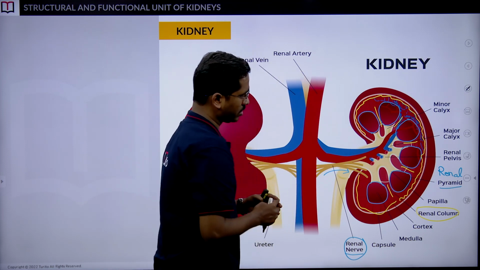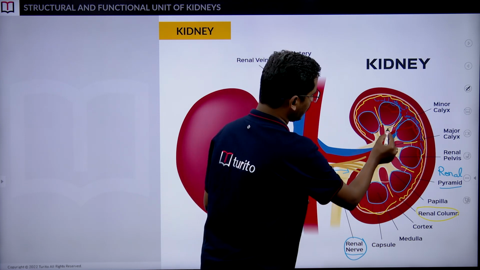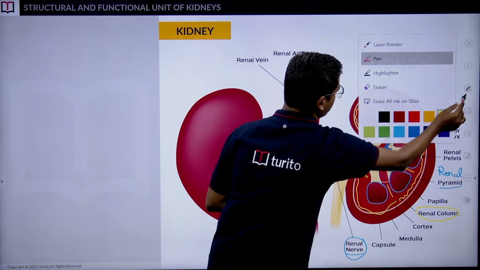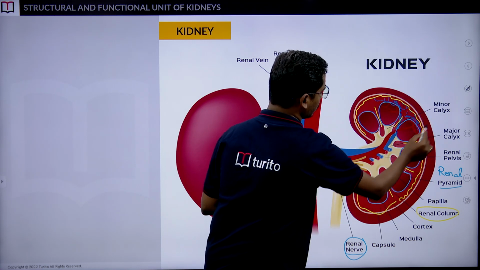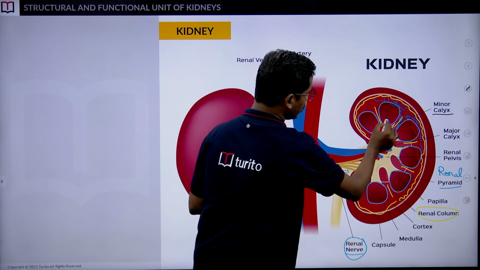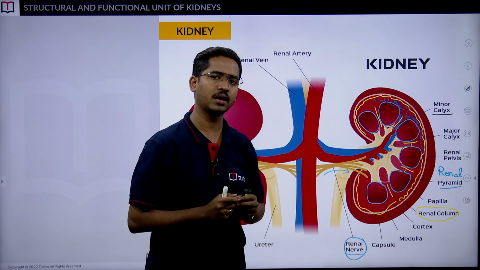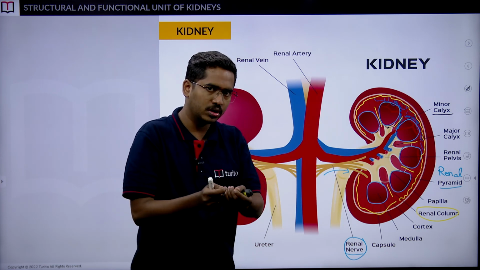Fine. Now, what you have to understand here is there are parts mentioned differently. The region which is very close to the pyramid is the minor calyx. Minor calyx is the yellowish region you see here, which is quite close to the renal pyramids.